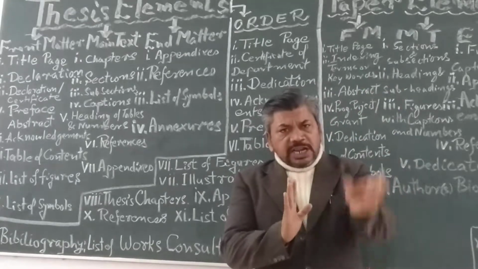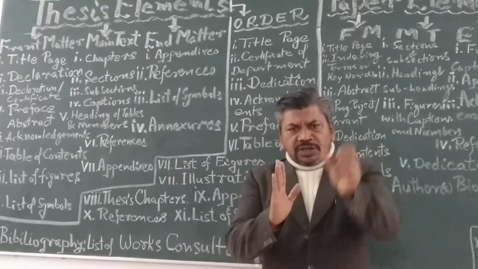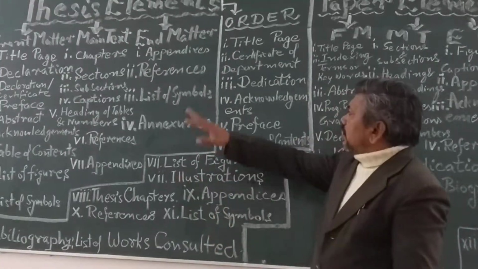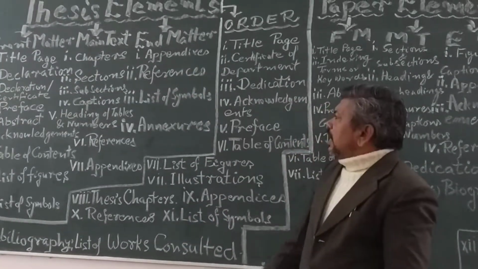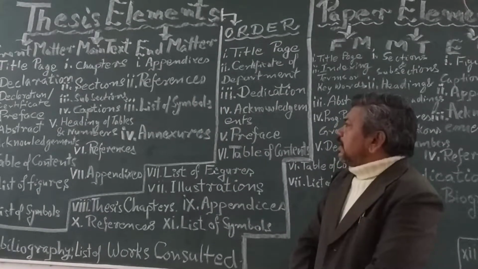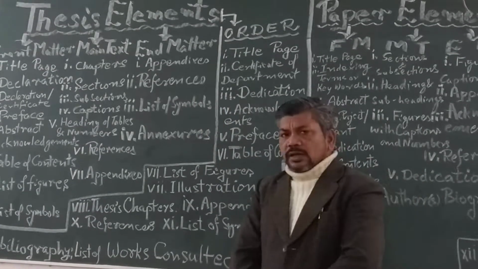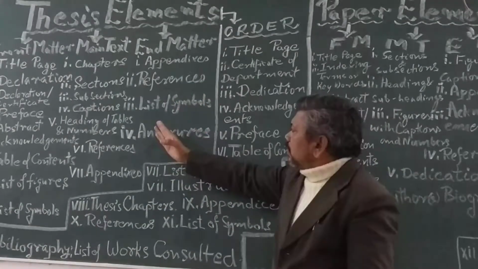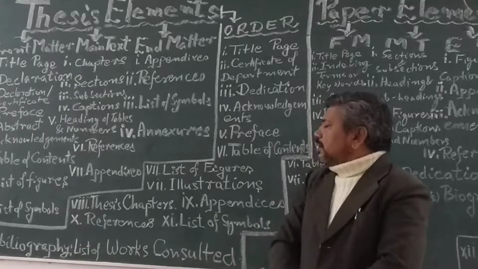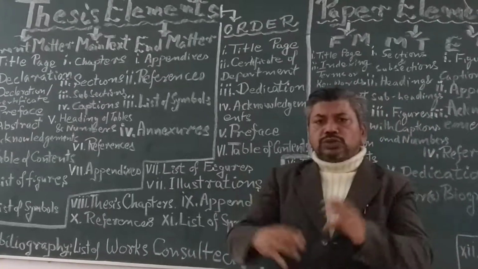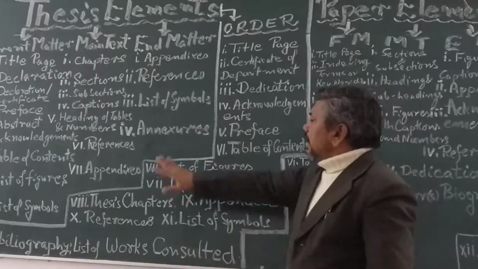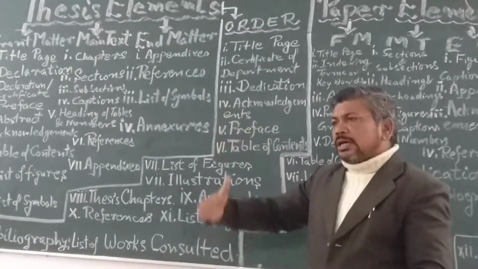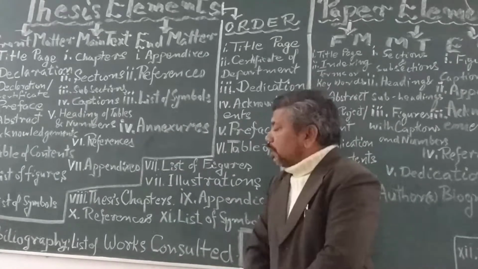In the table of contents, we cannot put all major parts and divisions as different chapters, and that is why indexing is there. It is added with appendices, and then come references, again for the last chapter, for the overall work. Then the list of symbols, how many symbols are used, and finally annexures: what additional things are being added to that research work?